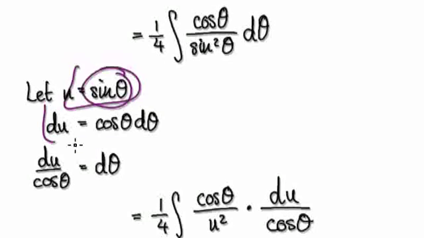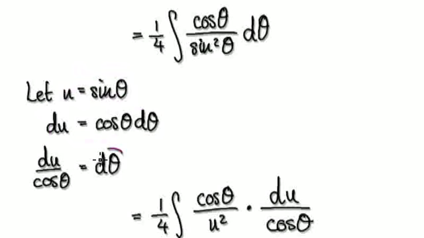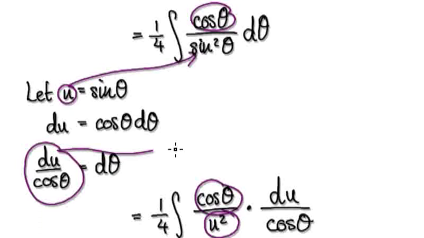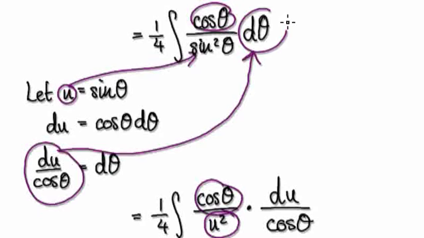If u equals sine theta, then du equals this, then d theta equals this. So now put it into here. This here will become u squared, leave cos as it is, and then d theta is this thing here. So put this into the d theta. That would then give you this.